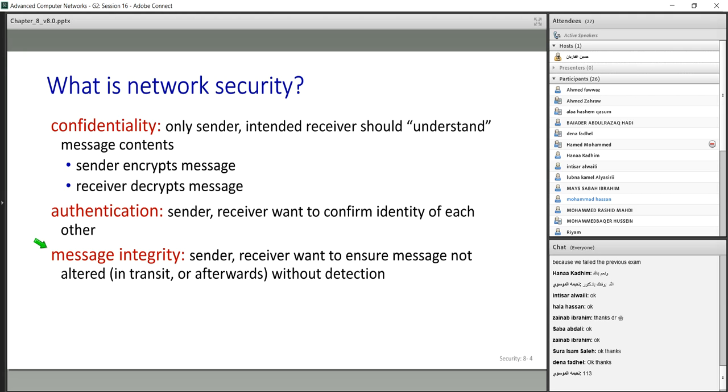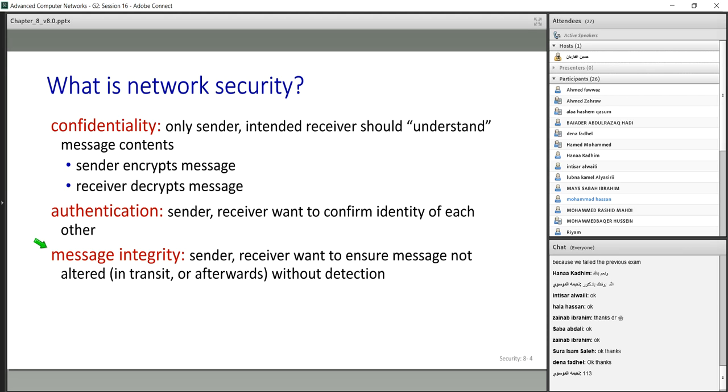It means that if I send a message to Ahmed, Ahmed should understand that my message is completely delivered to him, and if the message has been corrupted or altered during this task, because I'm sending the message over a shared network, a common network, some other guys are in this network, so they may alter the message, make some changes in the message.